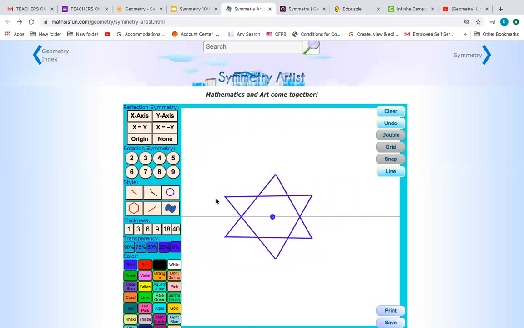If you rotate it, if it's equilateral, those two triangles have exactly the same size or congruent sides. If this vertex or point comes here, this one is going to go over here, this one over here, and so on. So it's a rotational symmetry too.